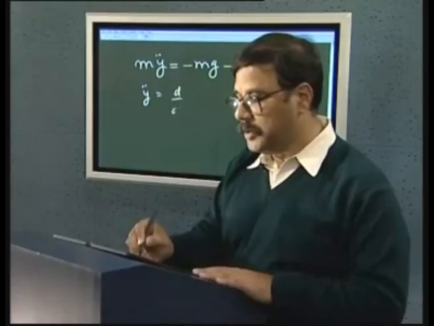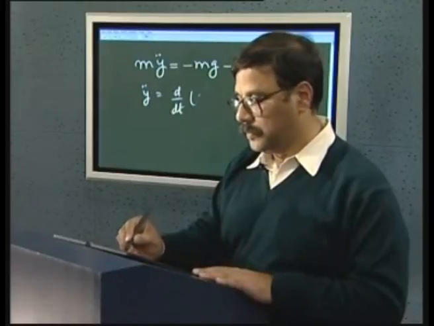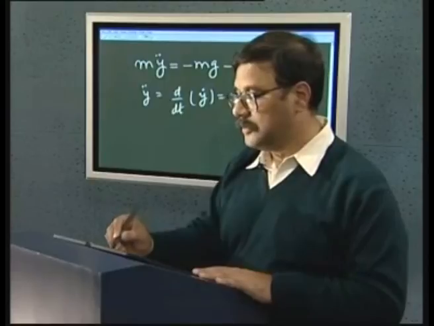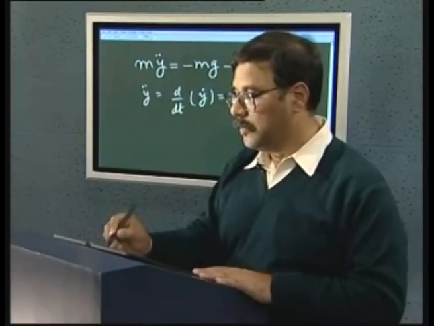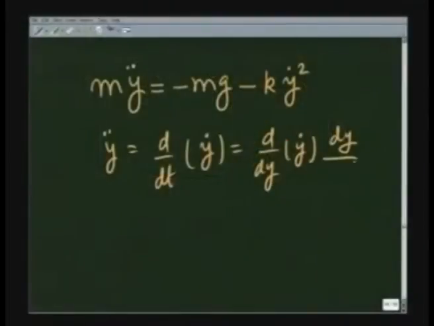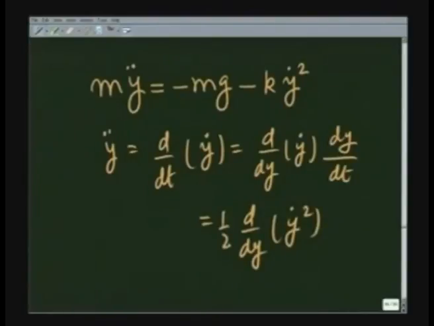So let us see how do we go about solving this. While the particle is moving up, I write m y double dot equals minus mg minus k y dot square, and I go back to my technique of writing y double dot as d over dt of y dot, which is the same as d over dy of y dot times dy dt, which is the same as d over dy of 1/2 y dot square.